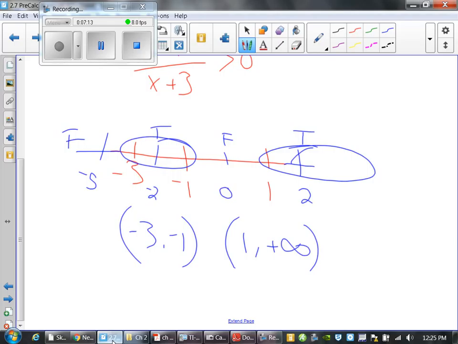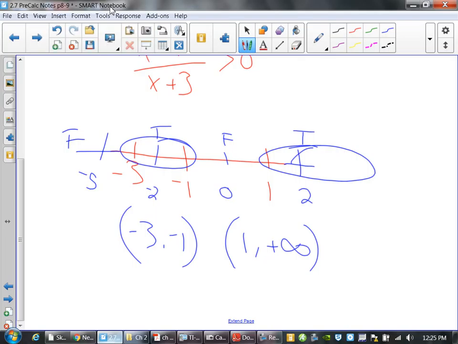Really, the only thing that's different is that you have a third value to look for. You look at region now, you look at zeros and that's the only thing that's different. All right, let's try another one.